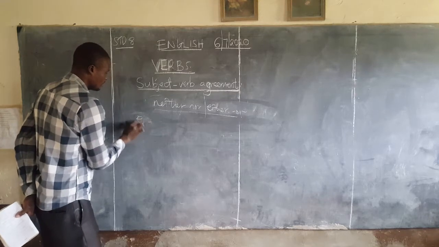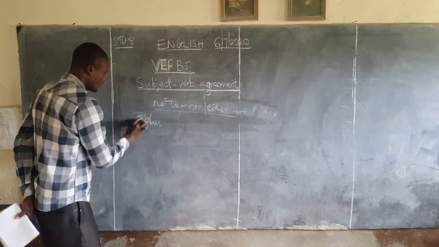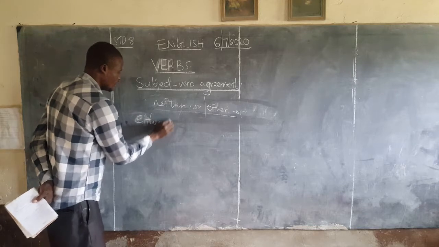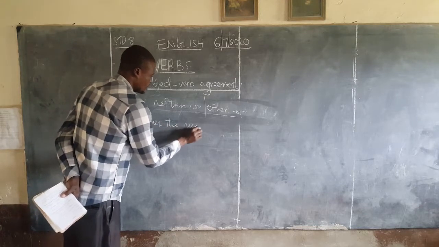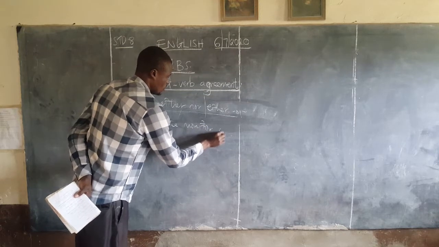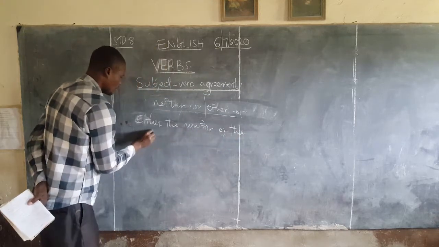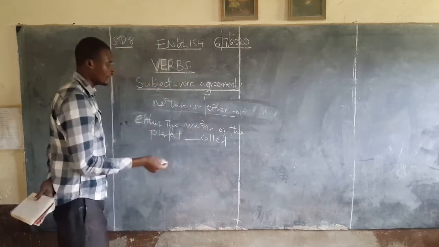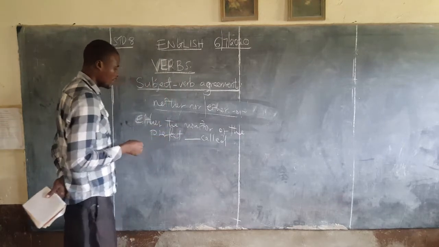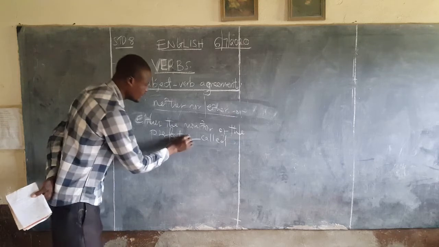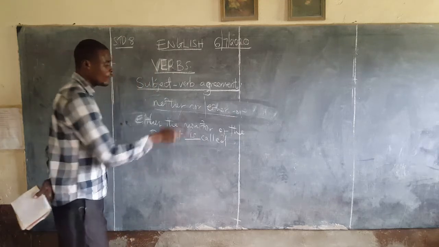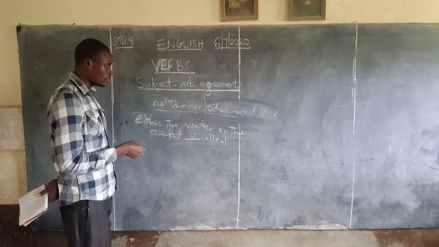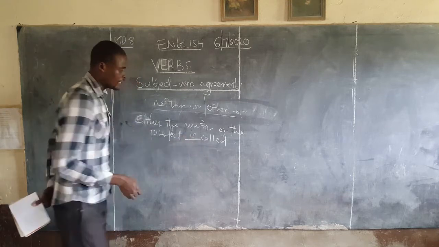Let me start with either: either the monitor or the prefect, dash, called by the teacher. In this level again, we ensure that we use a singular verb. Either the class monitor or the prefect is called by the teacher. When the teacher wants one person only, the teacher does not want all of them. The teacher only wants one.